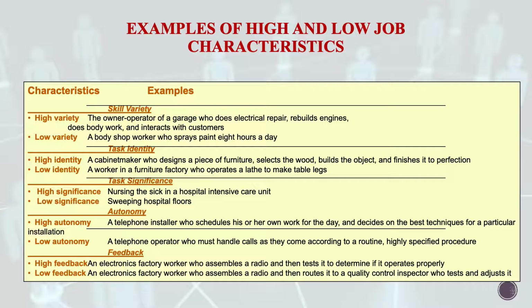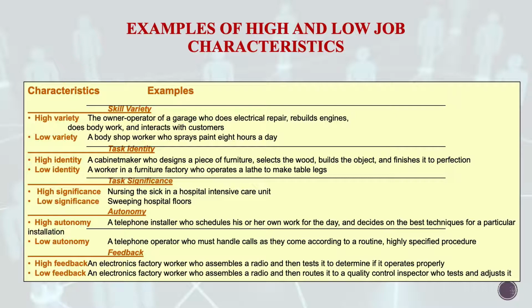In terms of low identity, for example, a worker in a furniture factory who operates a lathe to make table legs. So here only he or she is trying to make the table legs. So here the task identity is very low.